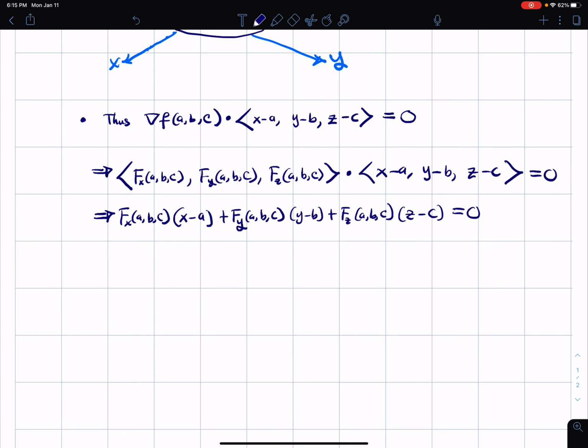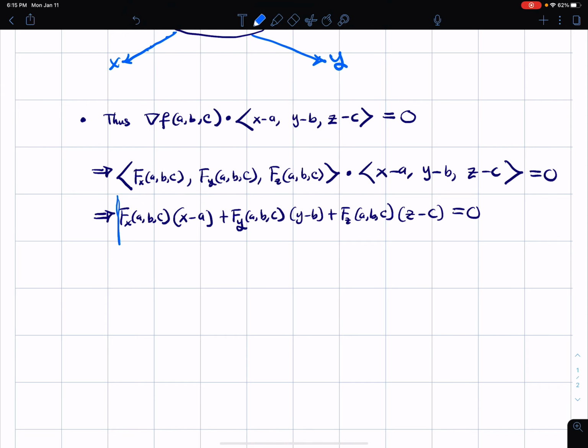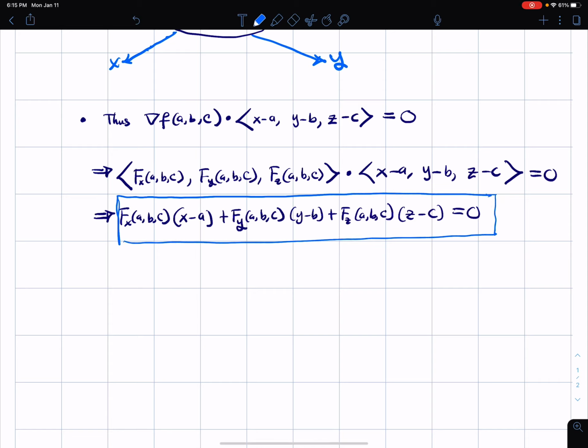So this is the equation of the tangent plane that touches the surface at (a, b, c).